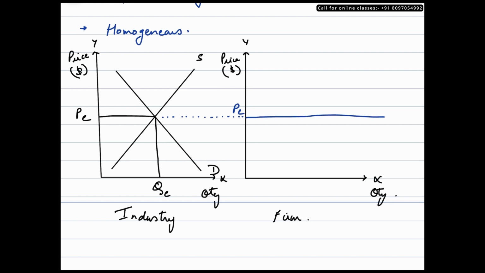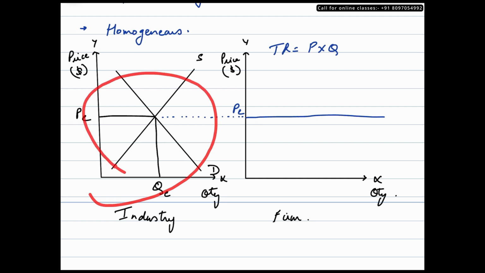Now, when we talk about an individual firm in a perfectly competitive market, their revenue basically would depend upon how many units of the output or the product or the commodity they are selling at price PE. That's what would give them their TR. TR is basically total revenue, and it's calculated as price times quantity. So we already have the price, which is determined by the demand and supply forces in this particular diagram.